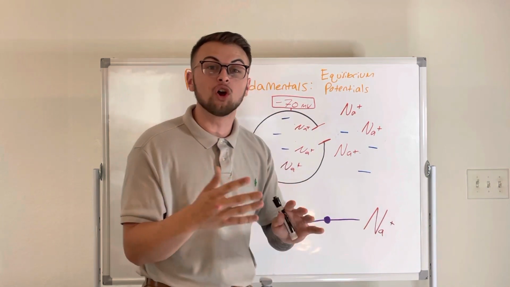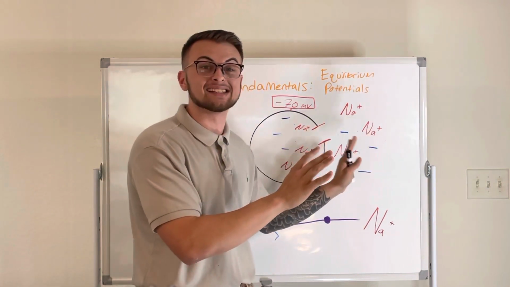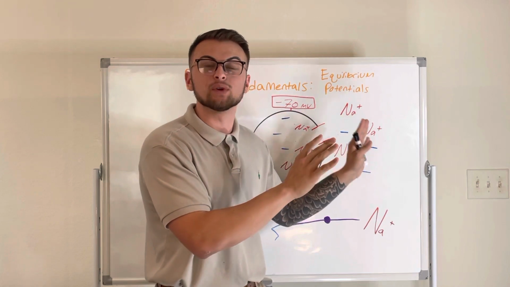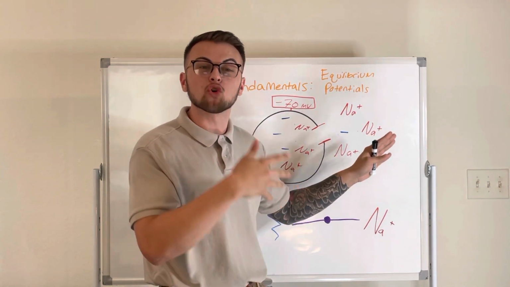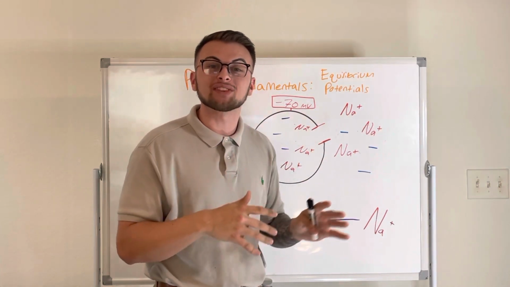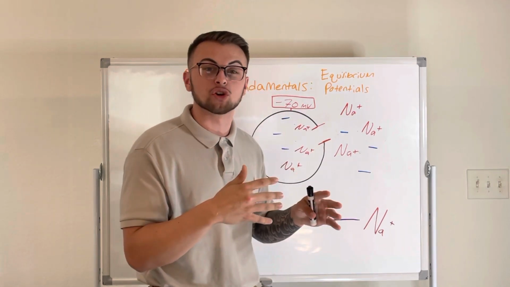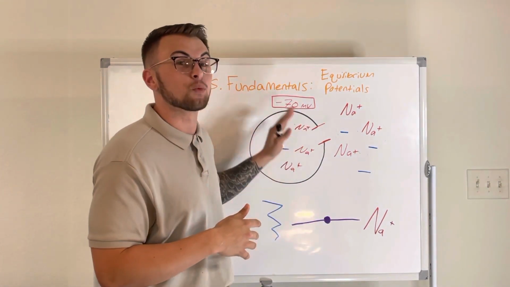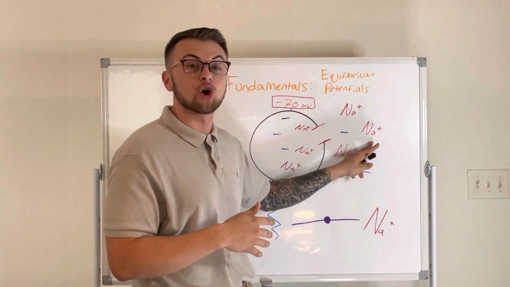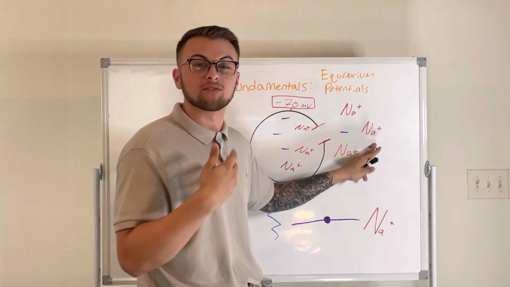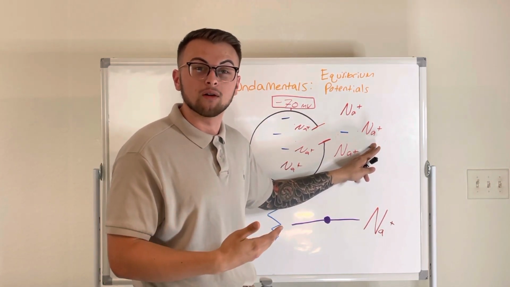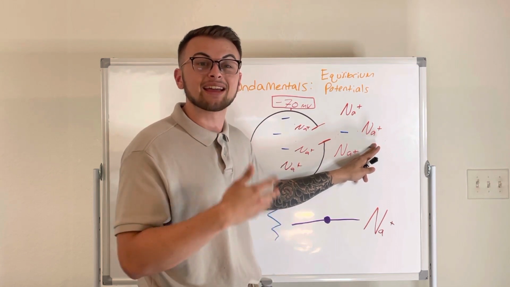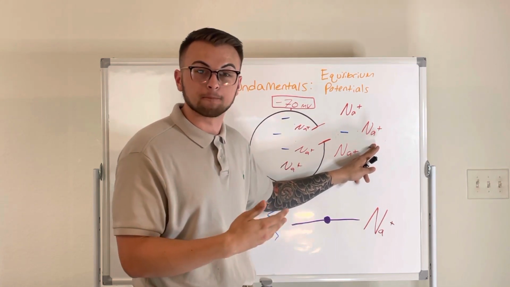At first, when all of the electrolyte is outside of the cell, we say that there's a lot of chemical gradient. We imagine that our sodium is like a bachelor and there are a lot of pretty ladies within the cell. Our sodium bachelor does not want a lot of competition. Therefore, we say that there is a high chemical gradient present.